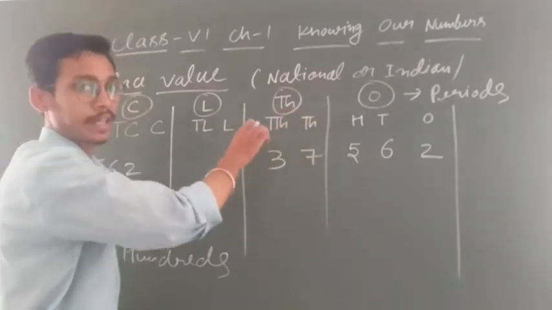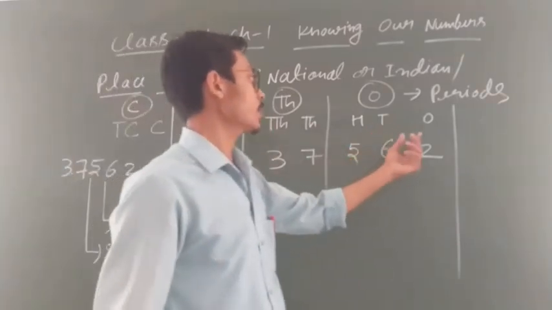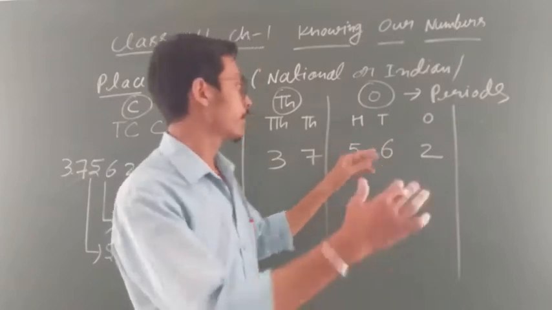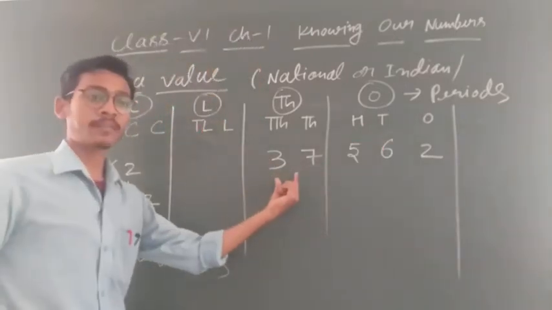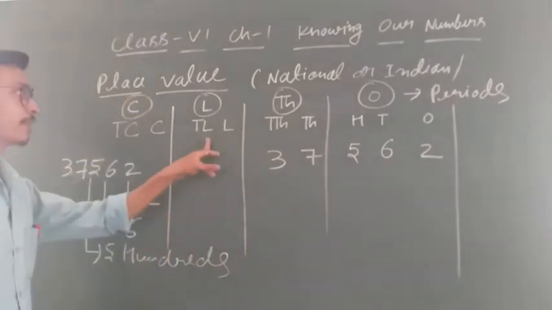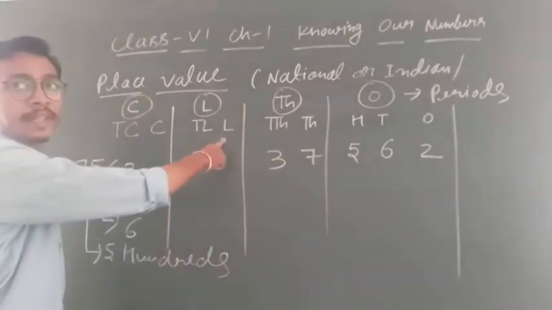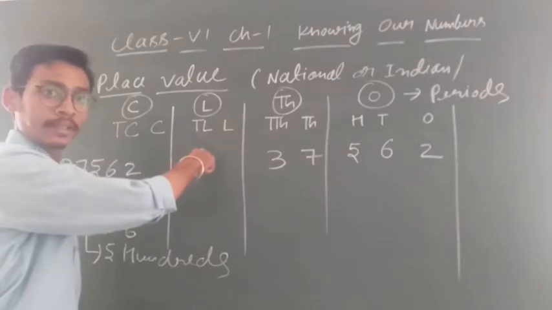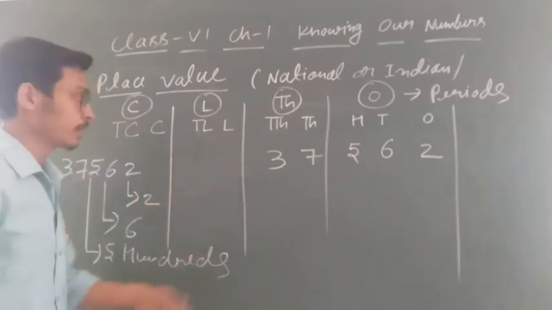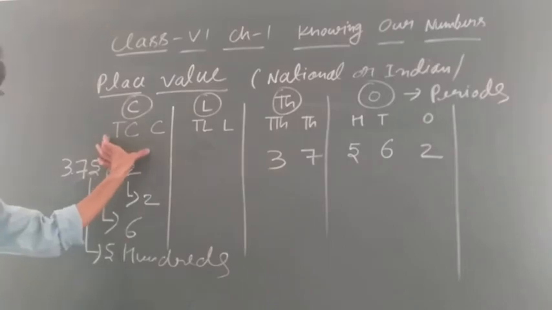This belongs to the second family. It means the first comma you will place after 3 digits, then the second comma after 2 digits. Next, this is our third period: lakh, ten lakh. The third comma you will place after 2 digits, and the fourth comma after again 2 digits.